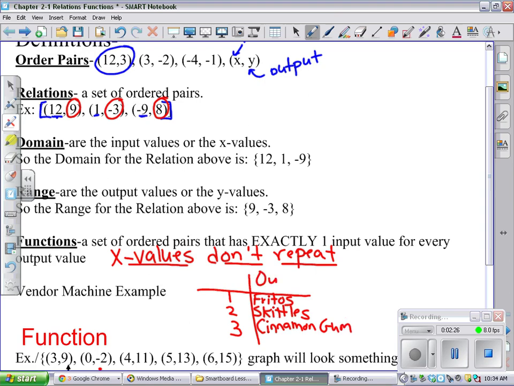All right, those are my outputs, and these are my inputs. So if I push 1, I get out Fritos. If I push 2, I get out Skittles. If I push 3, I get out cinnamon gum. So this is a function. My vending machine is working correctly.